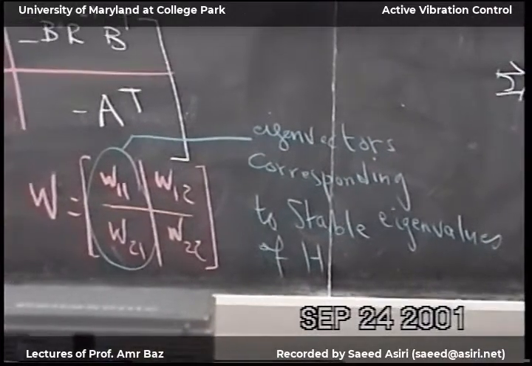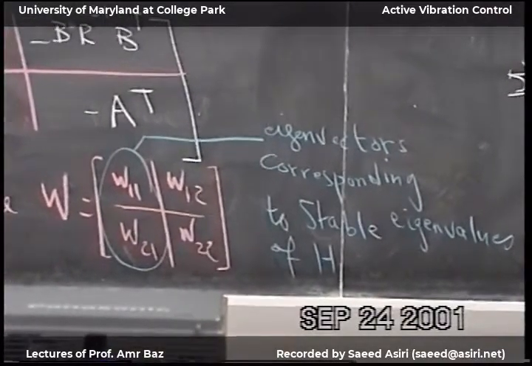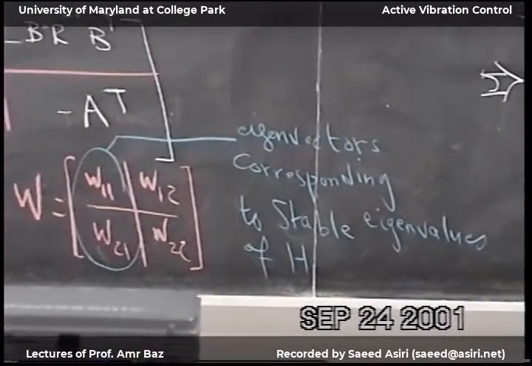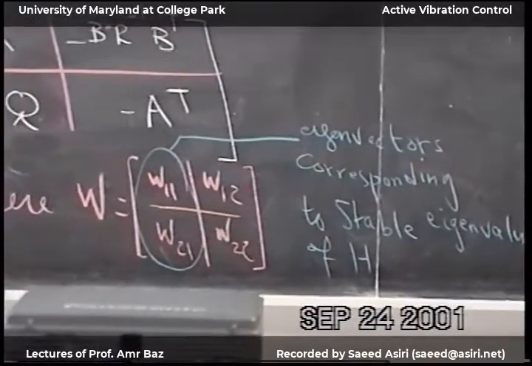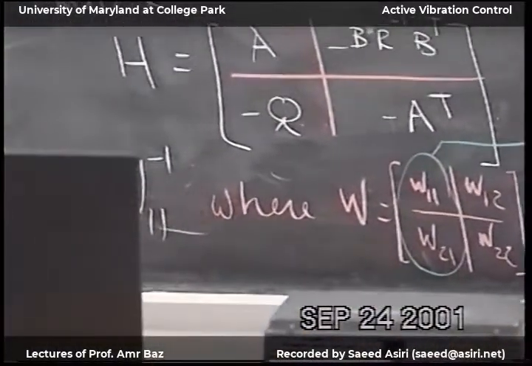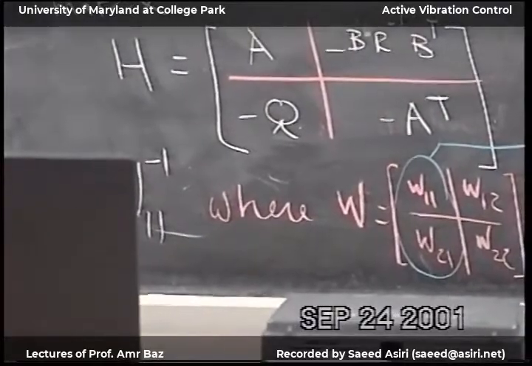The proof is very easy, but we don't have time to go over it. Okay? So we can use either one of these two approaches to calculate the K and the P.